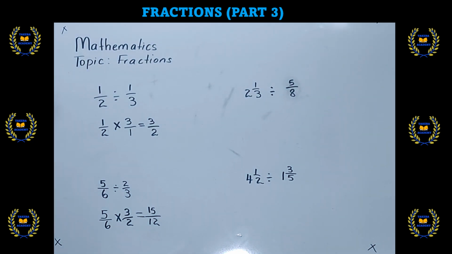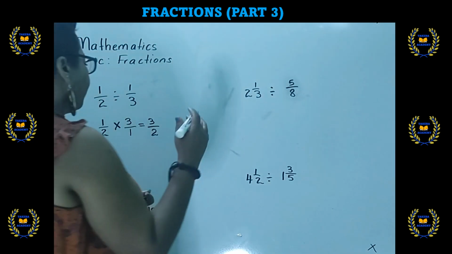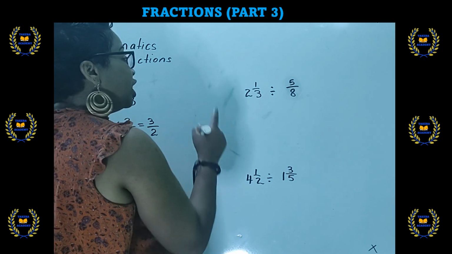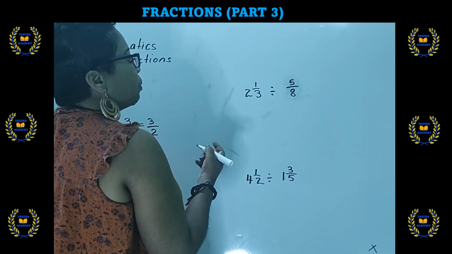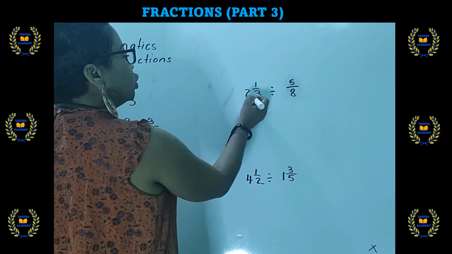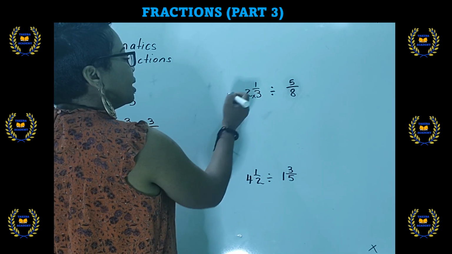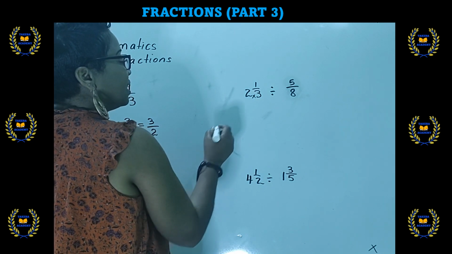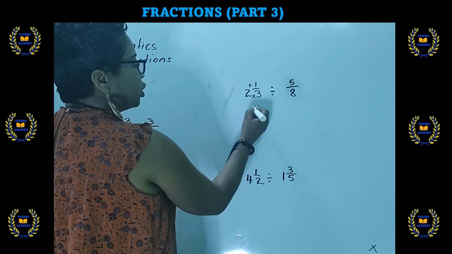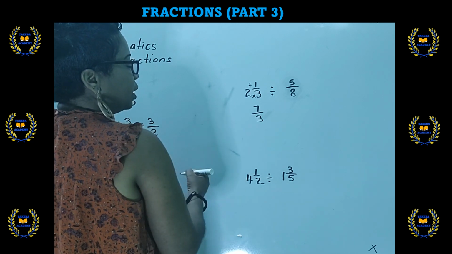Now let's go to our examples where we have mixed numbers. The first thing we have to do is change our mixed numbers to improper fractions. That makes it much easier for us to work with. So 3 times 2 is 6. 6 plus 1 is 7. So our first fraction is 7/3.